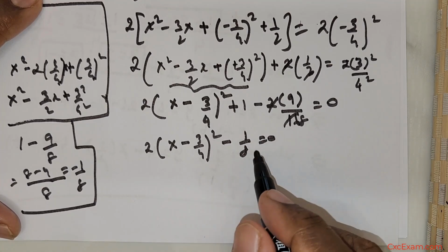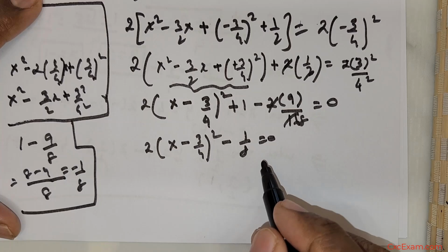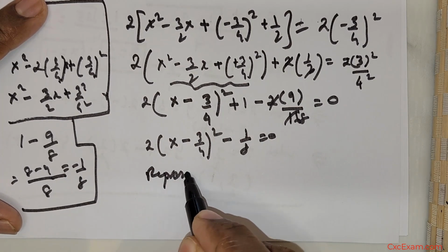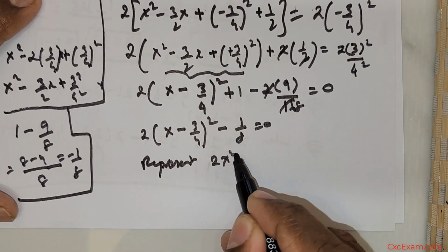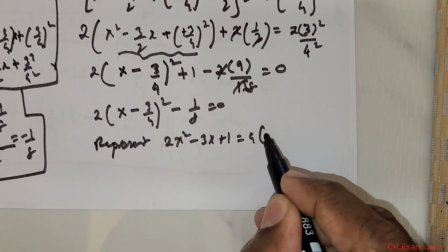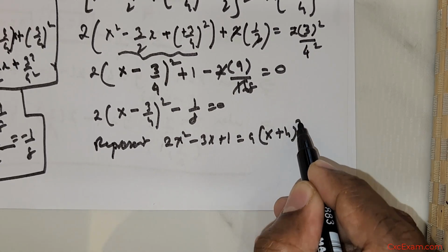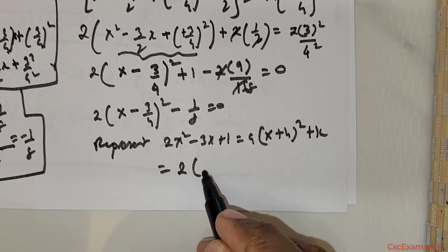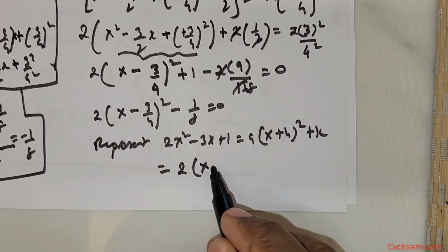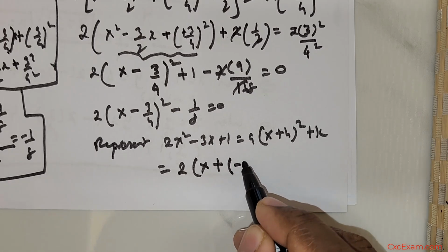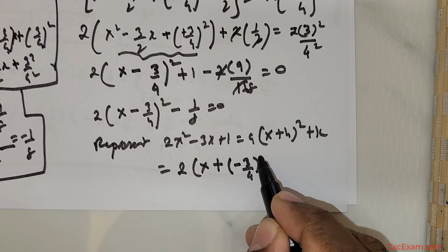Now you don't have to equate it to 0. The requirement is to represent 2 times of x squared negative 3x positive 1 in the form of a times of x positive h the whole squared positive k. So I have to represent this. So this is nothing but 2 times of x. Since I have a positive sign here, I'm going to write it as positive of negative 3 over 4.